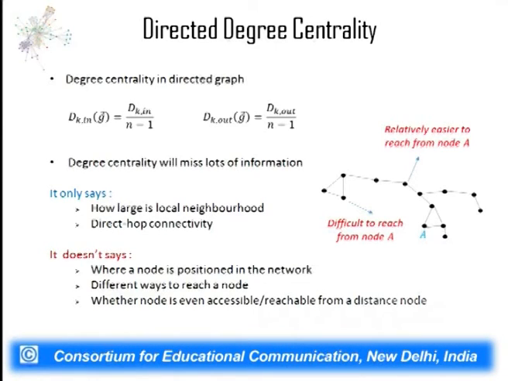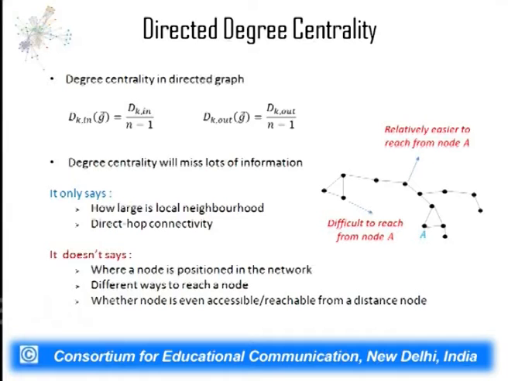For in-degree, it is the summation of all the inflows, the arrows coming towards the node, divided by the same normalization parameter. For out-degree, we sum up all the arrows going away from the node.